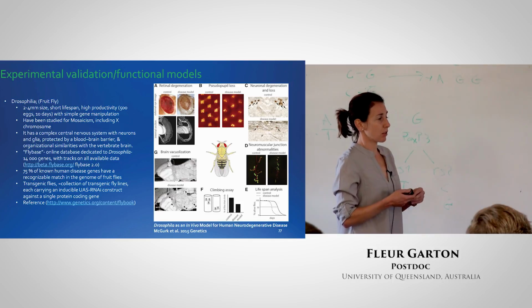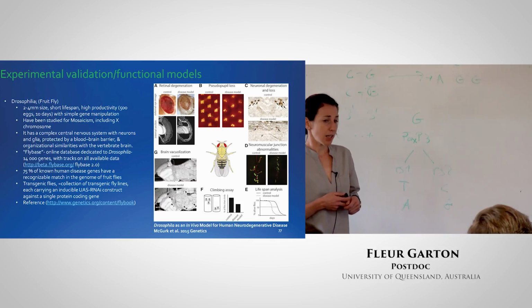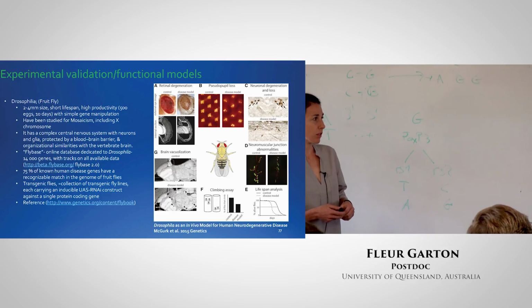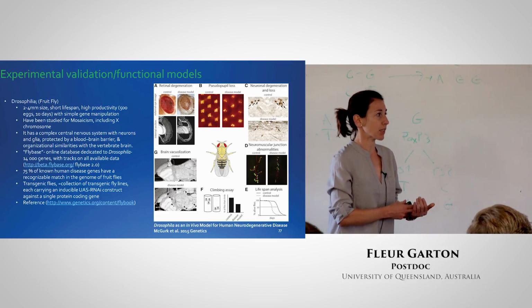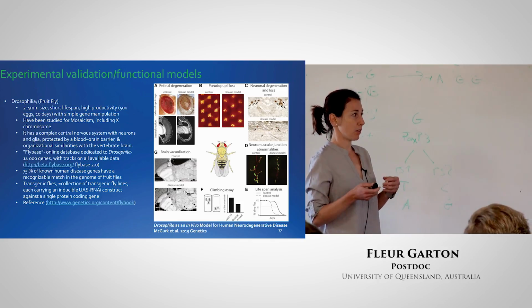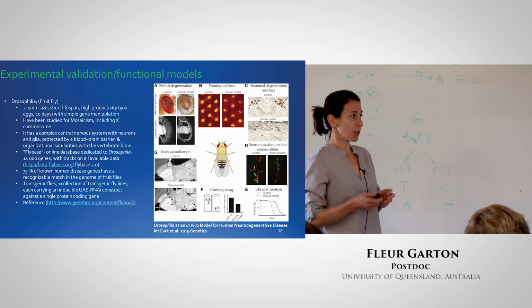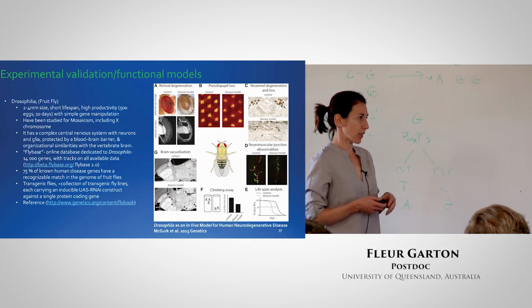So it's been studied to look at mosaicism and also the X chromosome. It has a more complex nervous system, so it's got neurons and glia. It's protected by a blood-brain barrier, and there are organisational similarities with the vertebrate brain. So it's not exactly the same, but there are similarities.